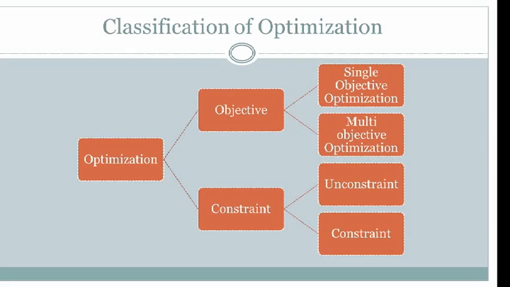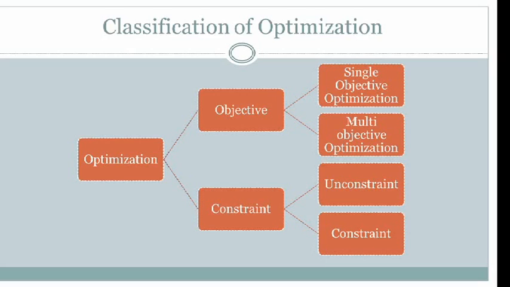Now we want to classify the optimization from some points of view. Classification of optimization problems and the terminologies used in optimization can be diverse and overlapping, and sometimes it is confusing too, because there are several overlapping identities.